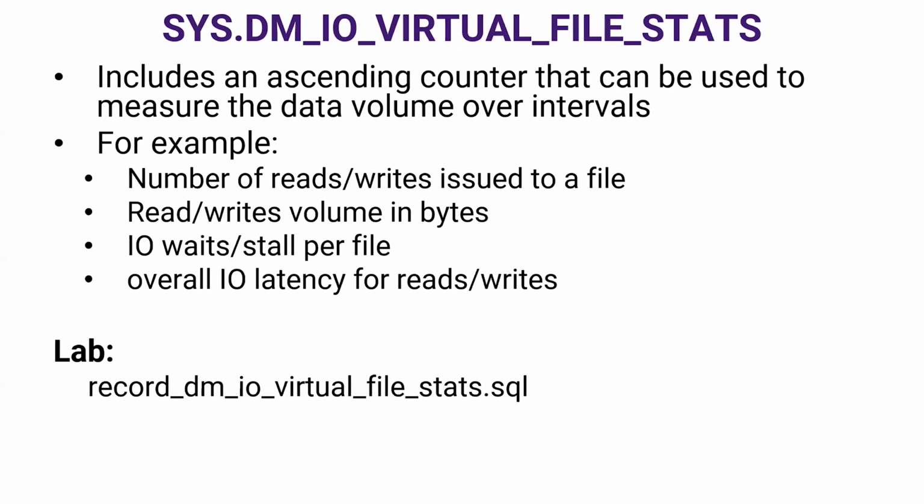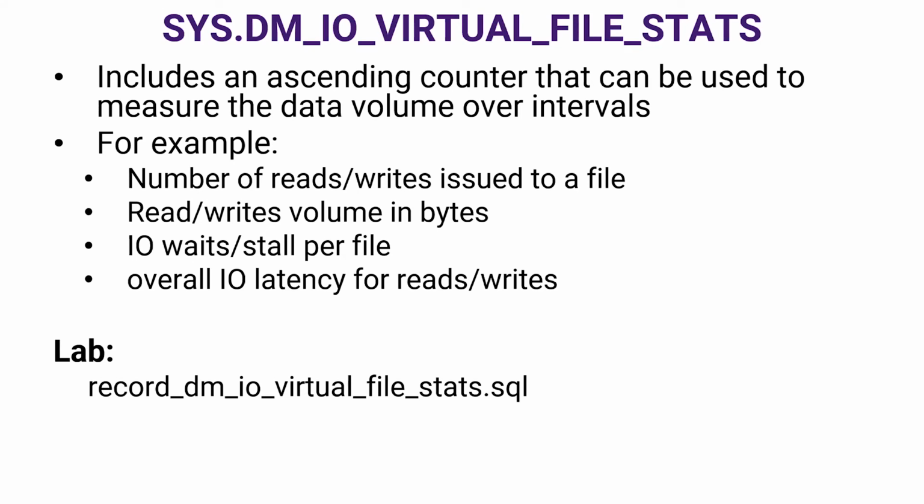And then SysDM IO virtual file stats. This includes an ascending counter that can be used to measure the data volume over intervals. This would tell you all sorts of IO information about your various volumes. So you could say to your storage admin, hey, the F drive, the stalls and the latency on the F drive are really high. Could you do something about that?